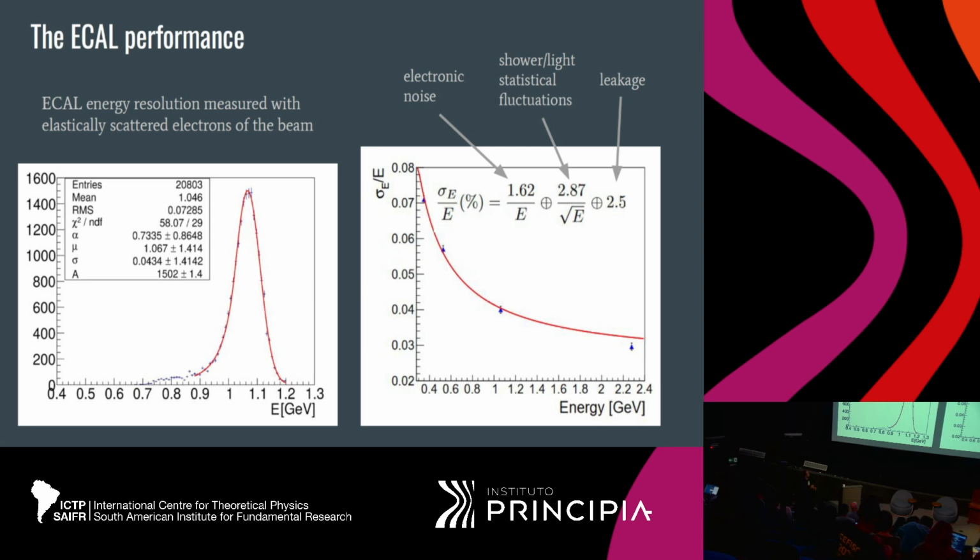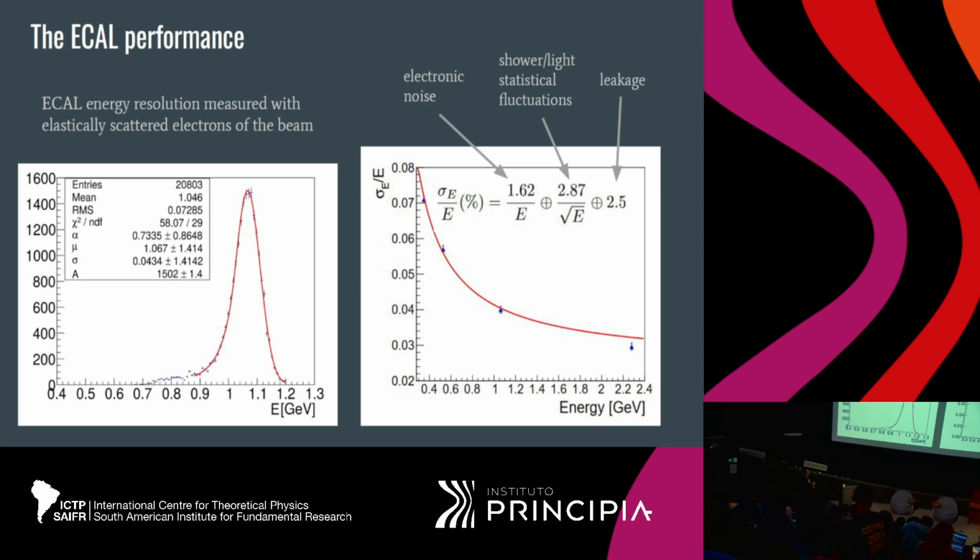It can also happen that it interacts elastically with the nuclei of the target, which means that the electron changes its momentum, but doesn't change its total energy. So the energy is the initial energy of the beam, but the direction is different, so that it hits the calorimeter in a different position, and you can use this signal, since you know the energy of the beam, to calibrate your detector and measure its resolution.